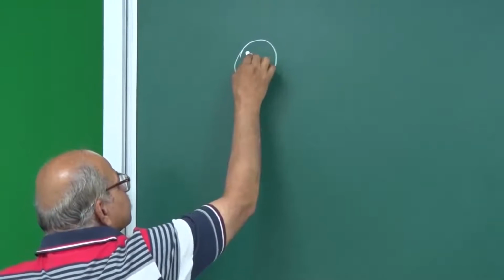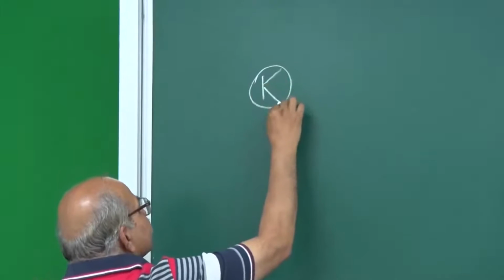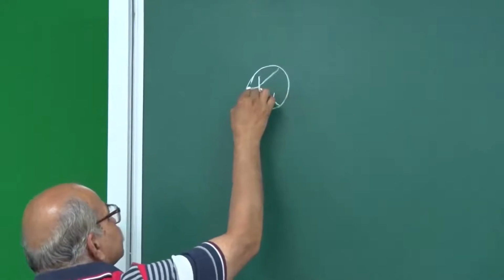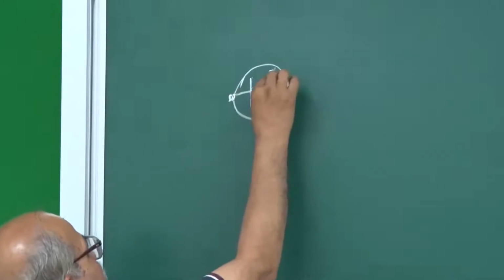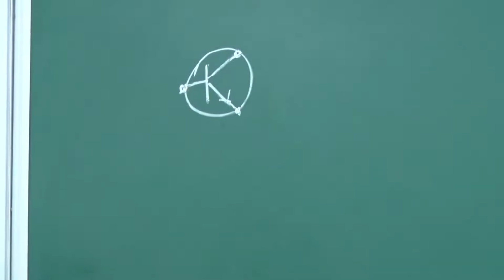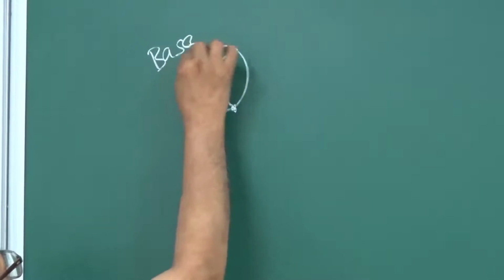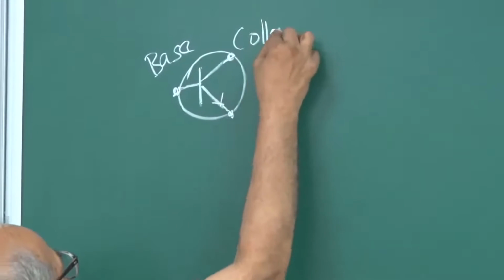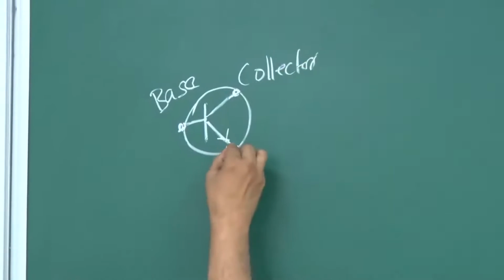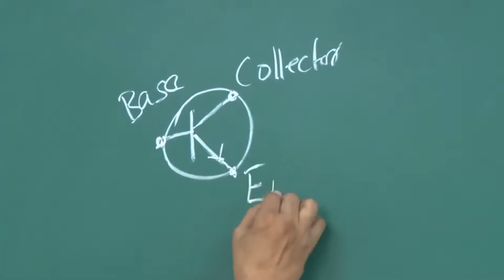You have a line here, a line here, a line here with an arrow, and these are the connecting points from where you have those leads coming out, and this one is definitely base, this one is collector, and this one is emitter.